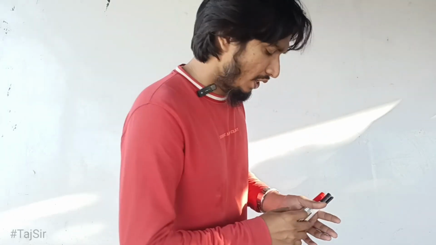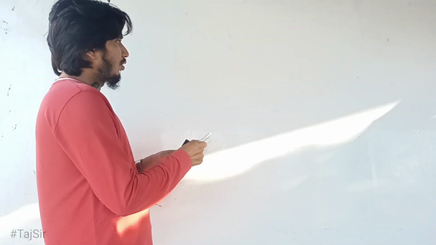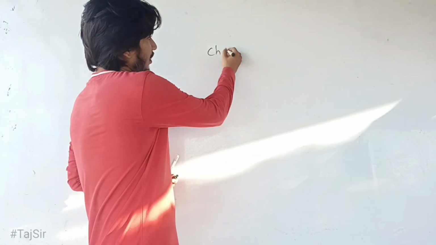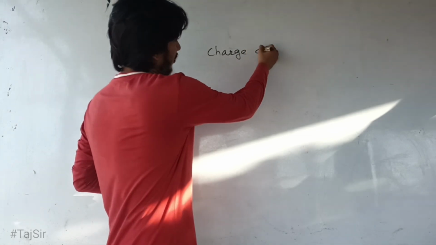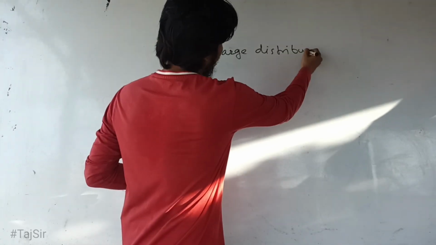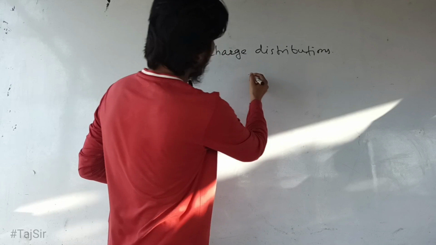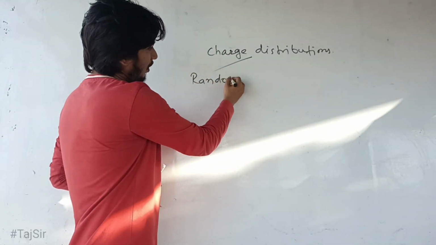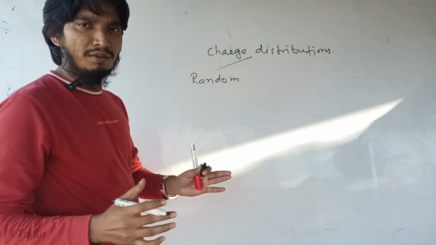But let me explain briefly what charge distributions are. There are two types of charge distributions. One is random. What does random mean?